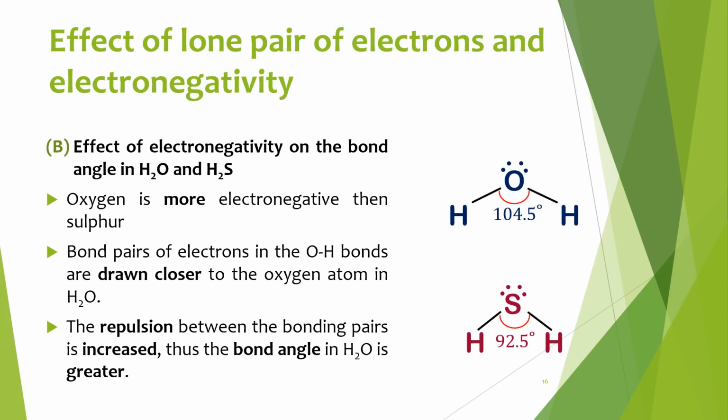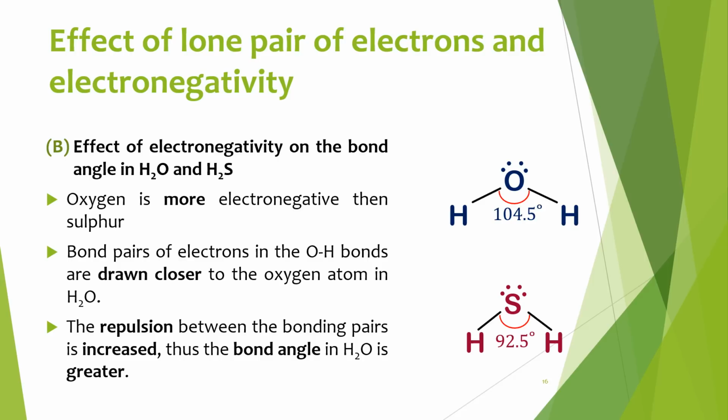You have learned about the bond angle for each of the molecular shapes. So what is the effect of electronegativity on the bond angle for each of the shapes? For example, you have H2O and H2S. As you can see here, both of these molecules have the same shape, which is V shape.